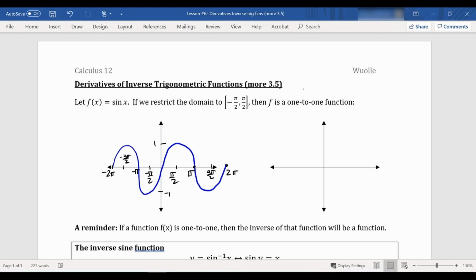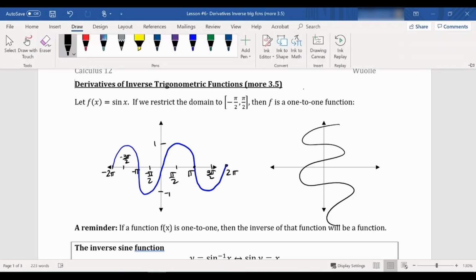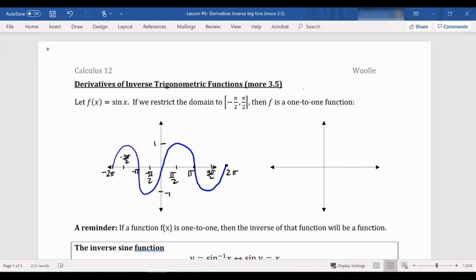If I were to draw an inverse of this sine curve, the problem is that my inverse is going to look like this, and that's not a function. We know from earlier this chapter, just by looking at sine of x, that this is not 1-to-1.